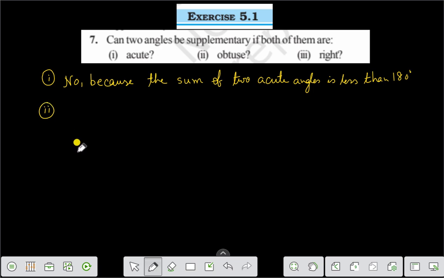Number 2. Can two angles be supplementary if both of them are obtuse? Obtuse means greater than 90 degrees, right?